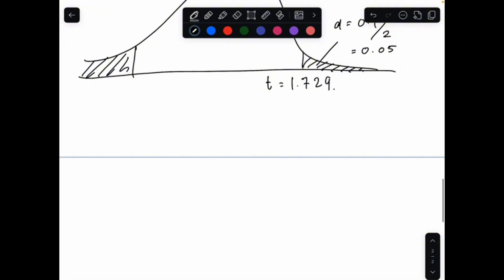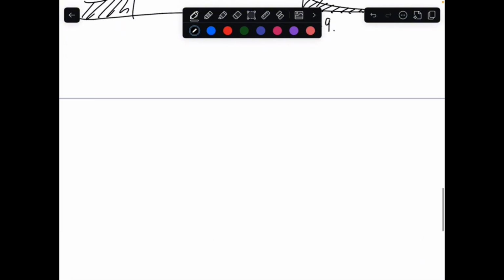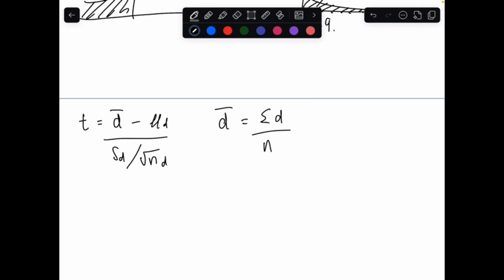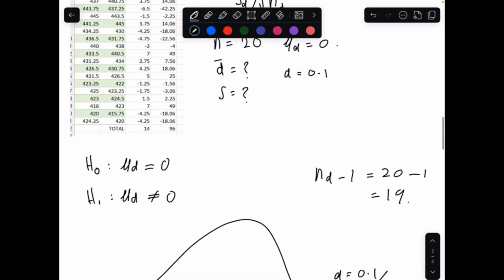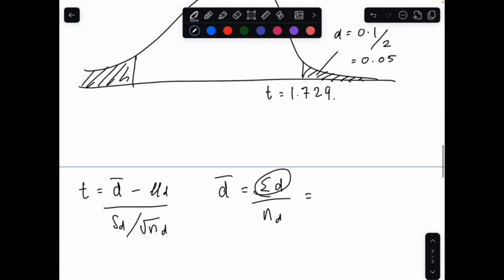So we have to calculate the value of t now using the formula D bar minus mu over standard deviation divided by square root of n. How to find the D bar value? D bar equal to sum of d over n. We get the sum of d from the table here, which is 14, over n.